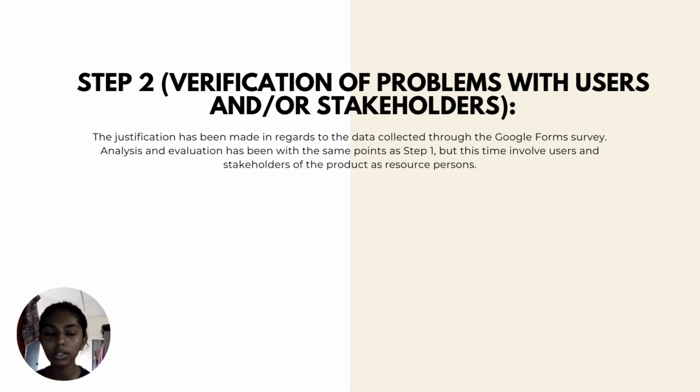We have done a survey and we have justifications based on the data that we have collected from the Google Form. We distributed it to users and stakeholders, and according to their satisfaction level with the existing app, it seems that they usually have problems with the updates of the application and a lot of other aspects.